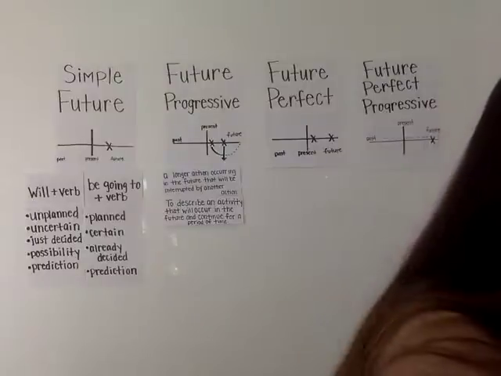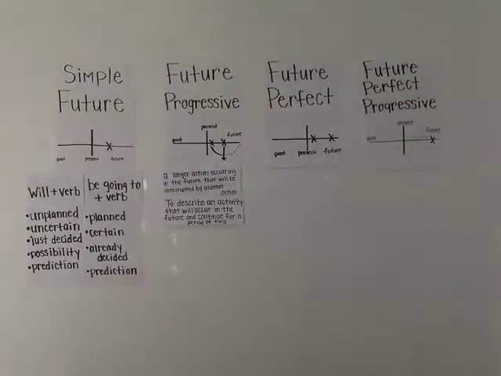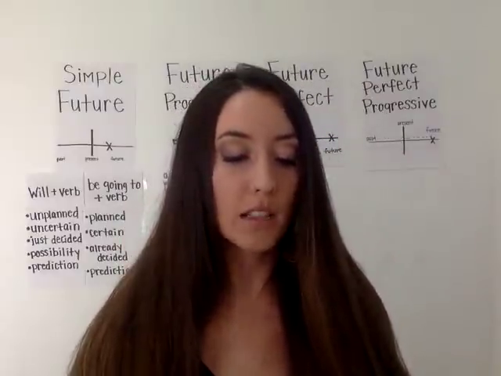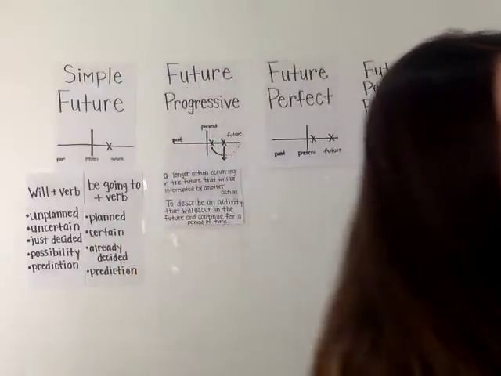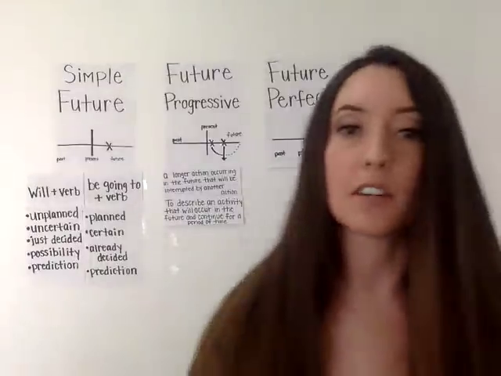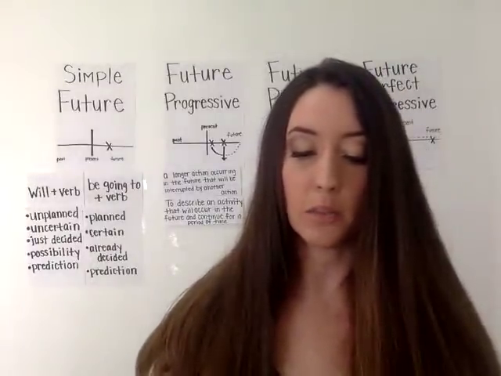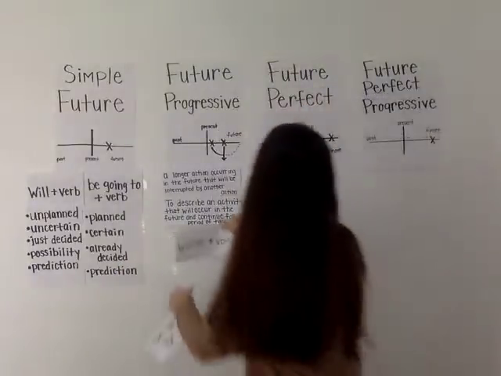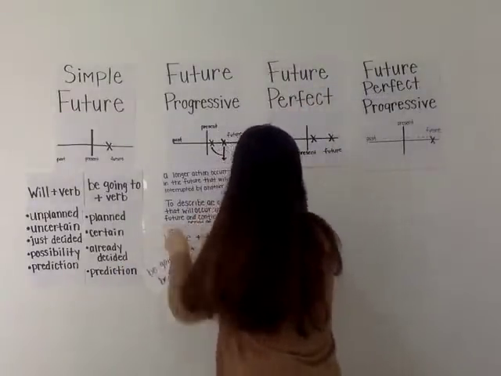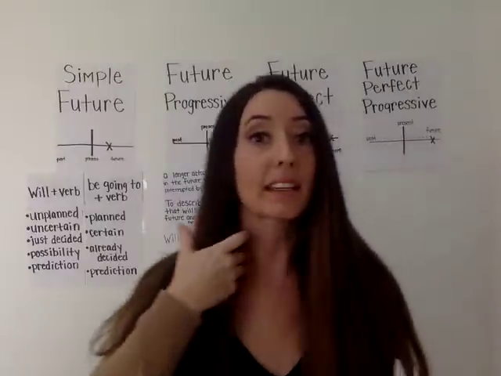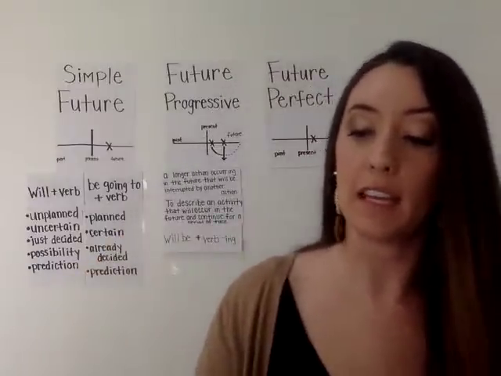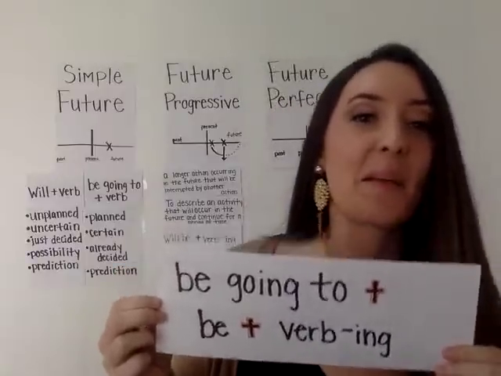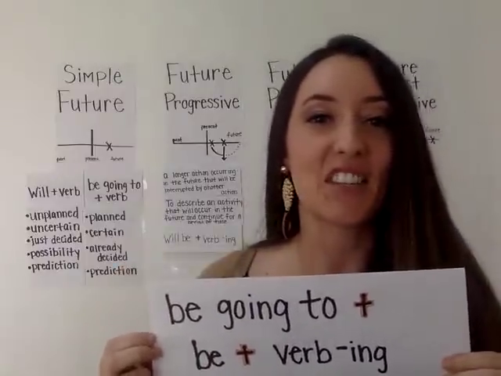We have another way to express the future progressive. Okay, so the first one was will be plus the verb ending in ing, what we just looked at. Another way we can express future progressive is be going to plus be plus the verb ending in ing.